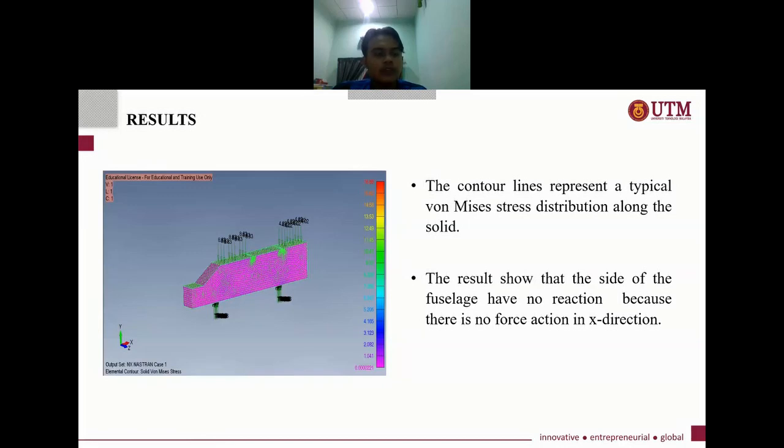The top of the fuselage also has a stress around 8 to 12 Pascal, which is affected by the wing and also the tail.